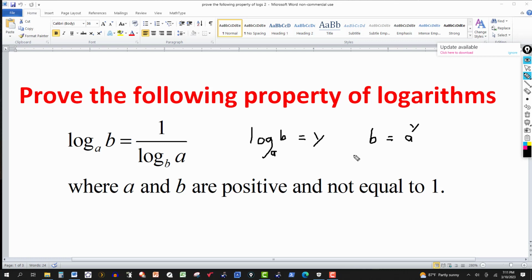Then we can take the log of both sides to base b. So taking the log of both sides here to base b, we get this on the left side, and on the right side, we'll get the log to base b of a to the y. And then the log of b to base b, that's an actual property of logs.